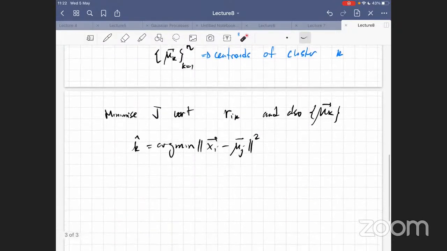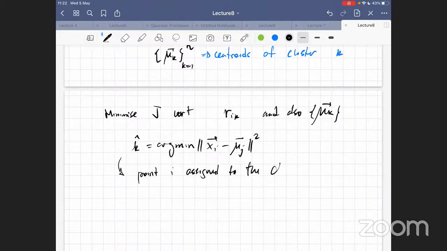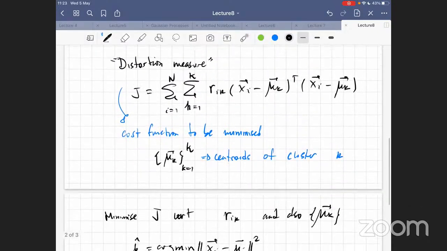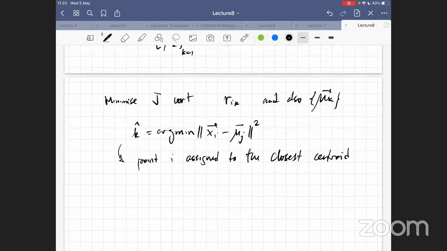So obviously the best that you can do is to assign a point x_i to the closest cluster centroid, for all the points, and then you have this assignment.